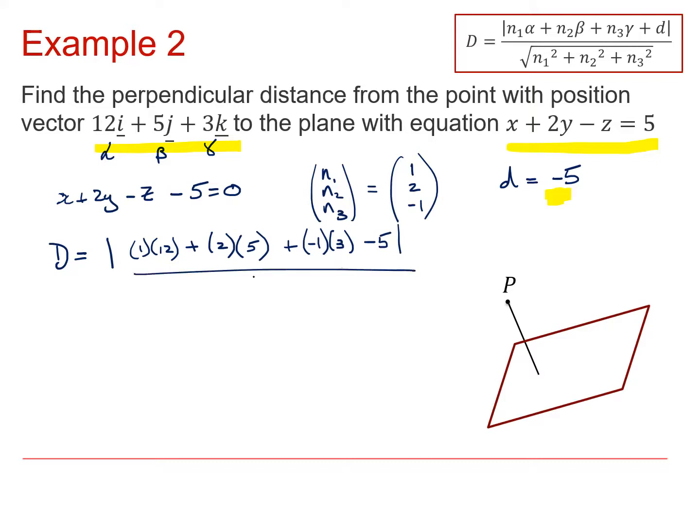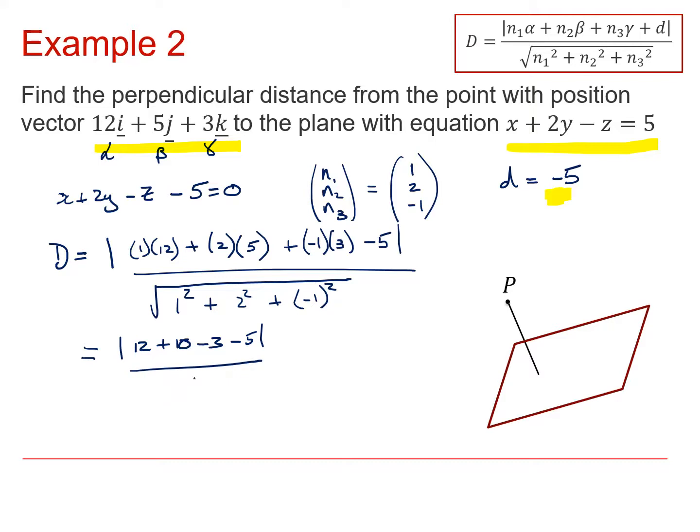And that's all over the square root of 1 squared plus 2 squared plus minus 1 squared. So in the top here I'm going to get the mod of 12 plus 10 minus 3 minus 5, and in the bottom we're going to get root 6, and so that comes out to be 22 take away 8 is 14 over root 6.